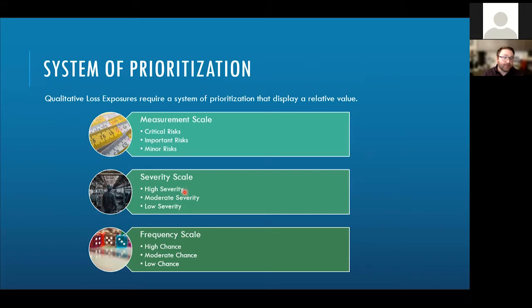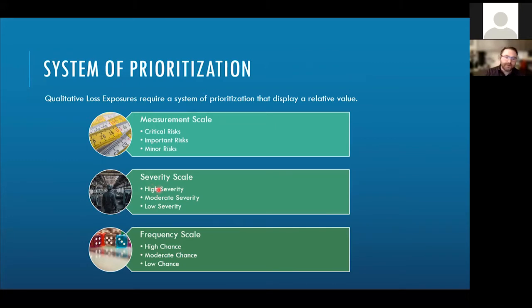If you were Apple or Microsoft, you might think, well, that's not very much money. But if you were a smaller organization, a $100,000 bill could absolutely cause bankruptcy. If that's the case, then that's a high severity issue.